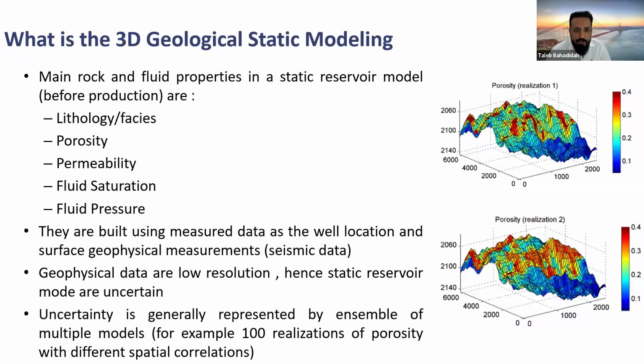This is mainly before production. They are built using measured data at well locations, as I mentioned, using well logs and other data, including core and seismic data and geophysical measurements.